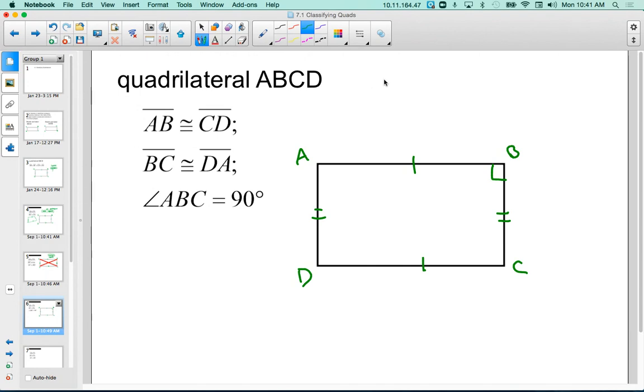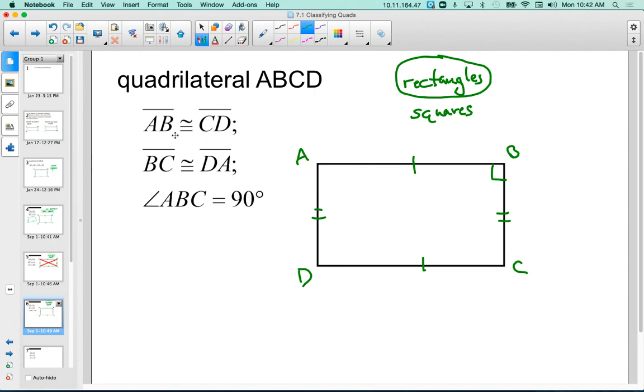Okay. Now, what types of parallelograms have right angles? Okay. Well, we got our rectangles and we got our squares. Okay. And just like before, the best answer here is going to be rectangles again. And the reason is because I can't guarantee that AB and BC are the same length.